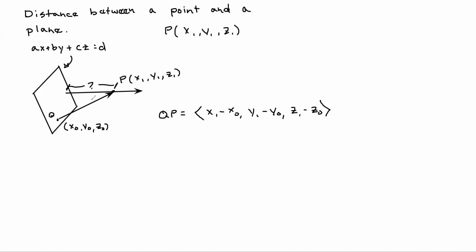Okay, well, if you just took this picture and rotated it so that you were looking sideways at the plane, what would you see? You'd have the normal vector. You'd have the point. You'd have this point.